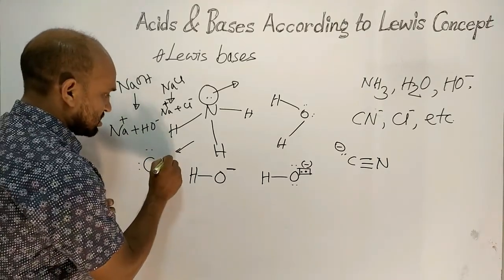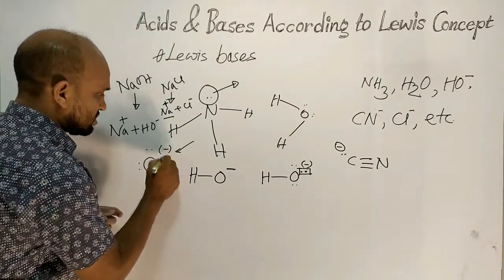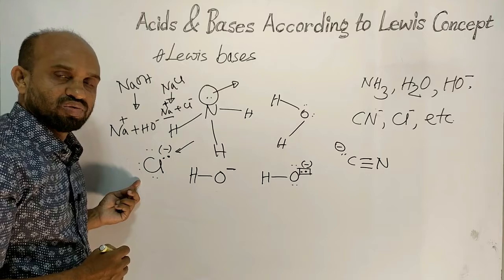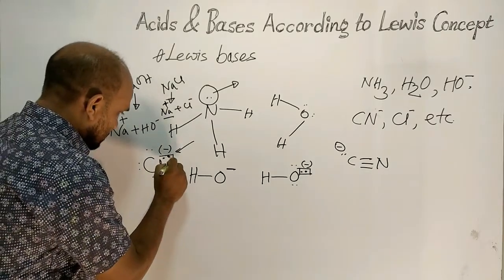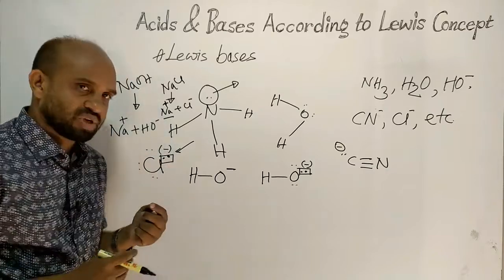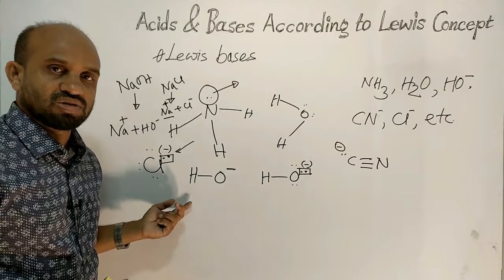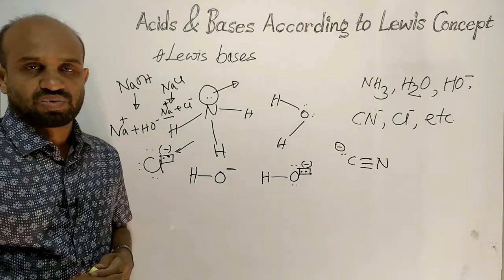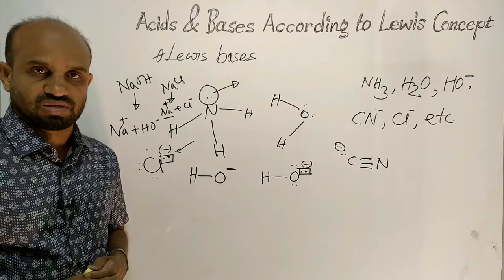And for this extra electron which came from metal, this minus charge is put over chlorine. So here there is actually one pair of electrons. The compounds that can donate electron pairs are called Lewis bases.